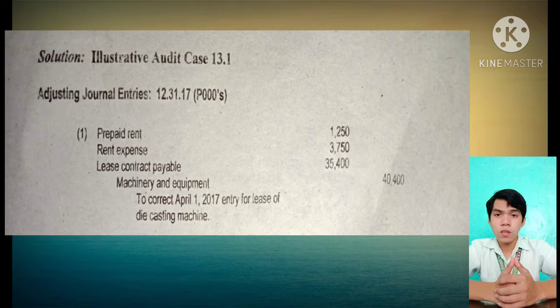Another debit account is the lease contract payable, which is 35,400, by simply deducting 40,400, which is the amount of the die casting machine that was charged to machinery and equipment, minus the advance rental, which is 5,000.